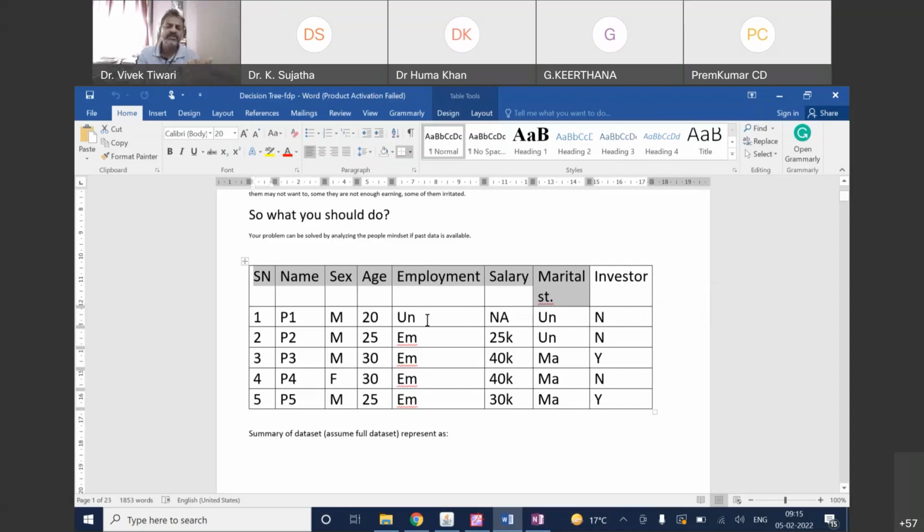Similarly, whether the person is employed or not is also a big issue. Age does matter. Many persons at an early age earn a lot, but they are not very serious about investment. So age also matters. Gender also matters. Name doesn't matter. Serial number and name are not important parameters. Other input features are important. And this is the output feature or target variable.